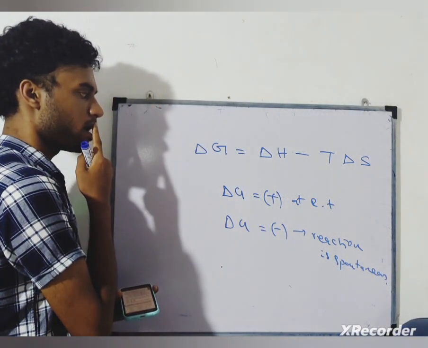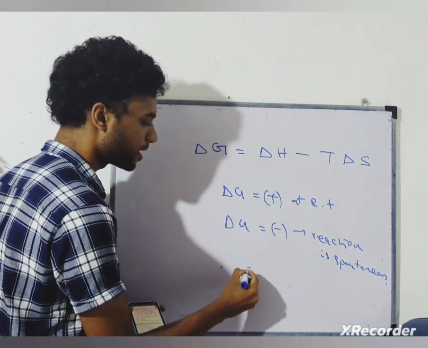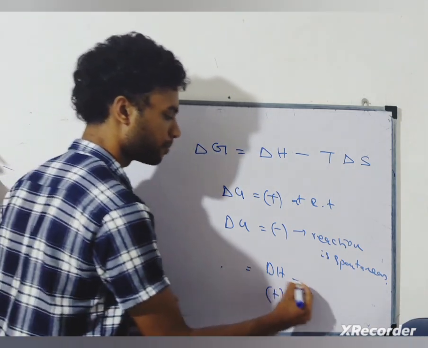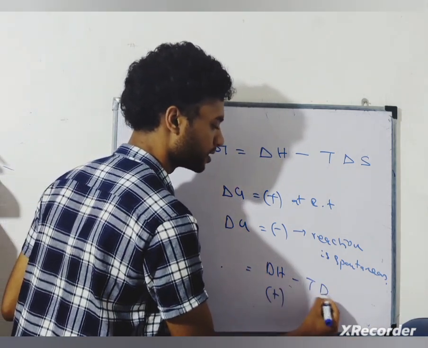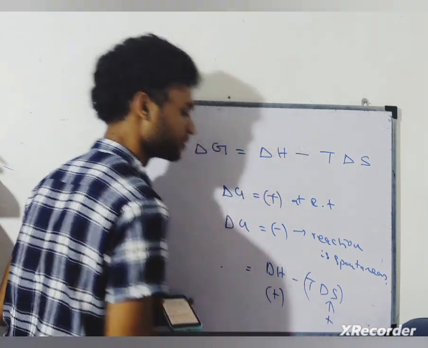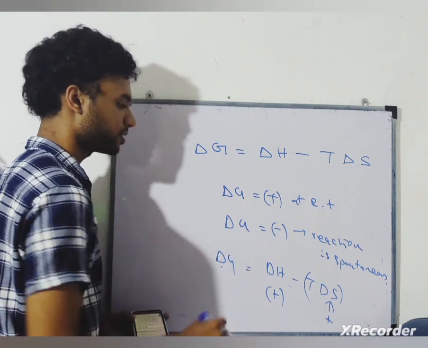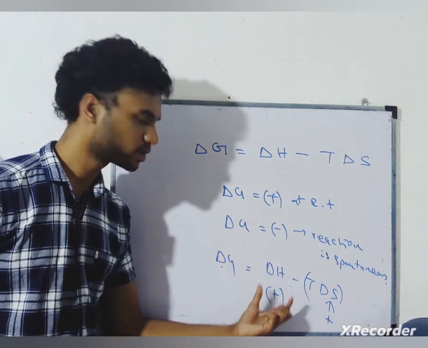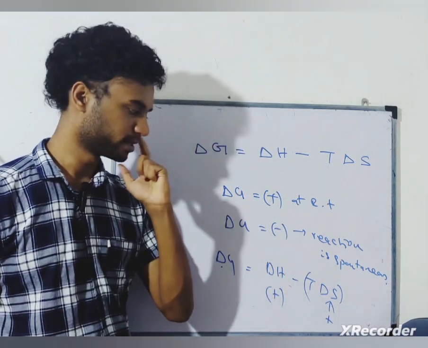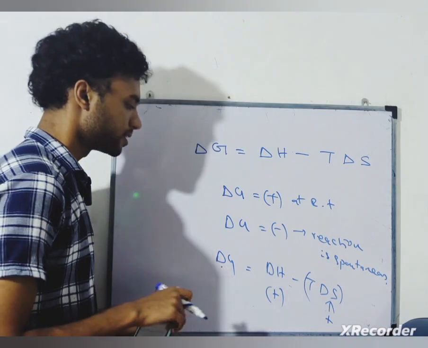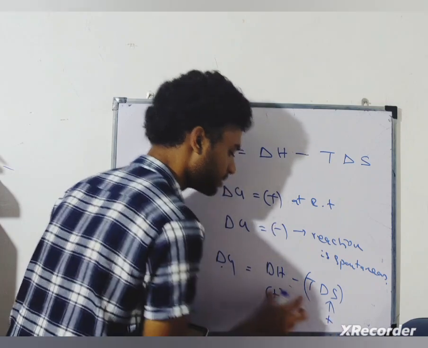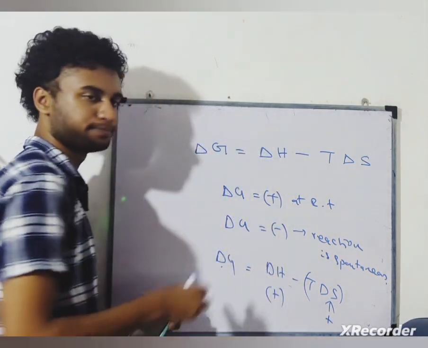Now listen, think of this idea. If I have delta H to be a small positive value, minus temperature T times delta S. Suppose delta H is positive and delta S is also positive. When the temperature is low, this product is low, then this positive value for delta H is higher.